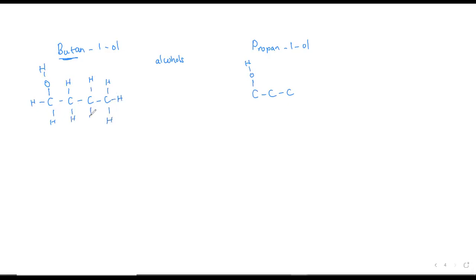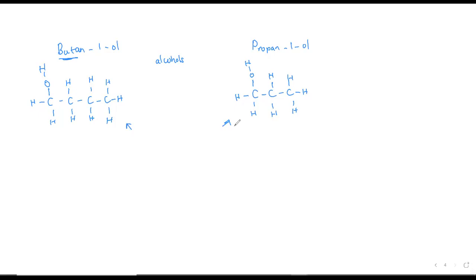The same with propan-1-ol, with hydrogen atoms around all of the other carbons in the main chain or parent chain. Now the difference between these two molecules is that butan-1-ol has a longer carbon chain than propan-1-ol.